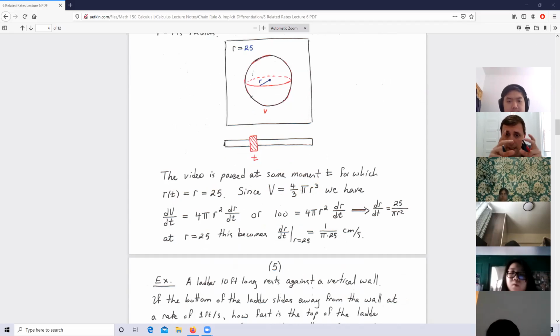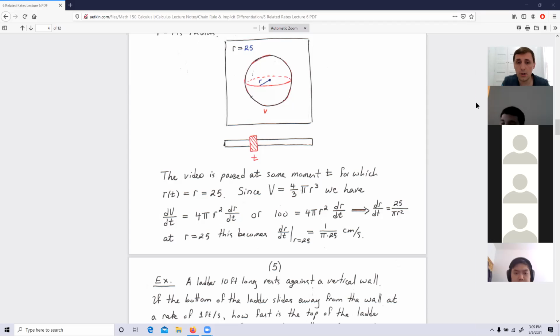The relationship is the equation that I constructed. So v is 4/3 pi r cubed. Now what's the derivative of v? It is 4 pi r squared dr dt. Here is my formula for dv dt. Yes, which is what? So dv dt is 100.